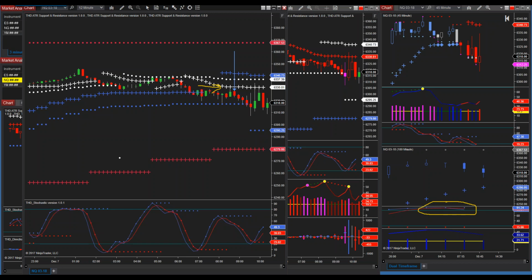I also knew that on the 45-minute, the ATR and the congestion dots were split. Do y'all see that? Because the blue is coming directly from this chart. Does everybody understand that?